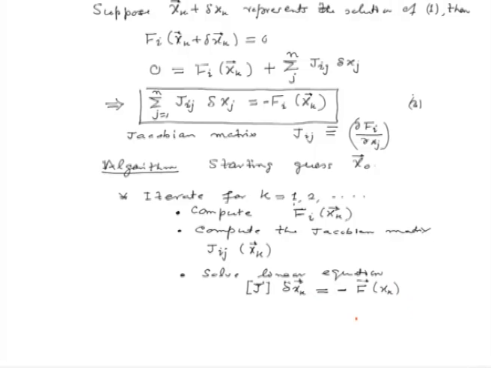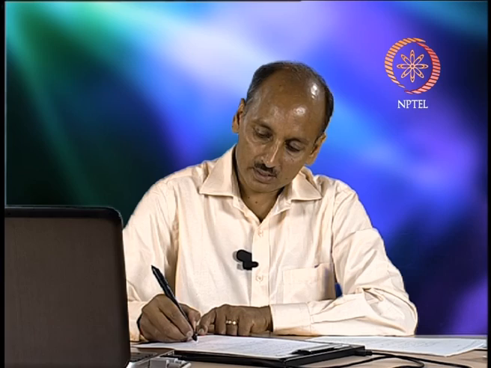So, once we solve this linear equation, we will get our correction vector delta xk. Then update this solution vector. So, a new or improved iterate xk plus 1 is xk plus delta xk, and check for convergence.